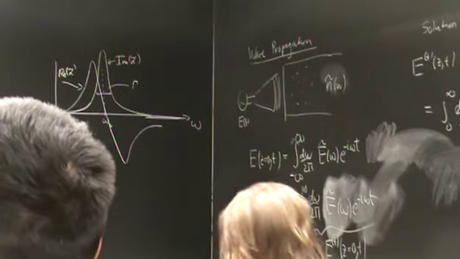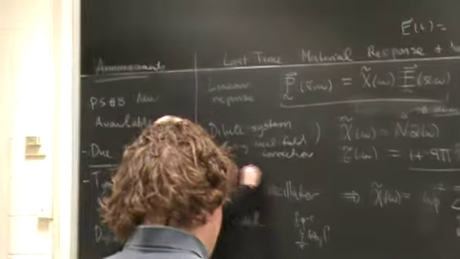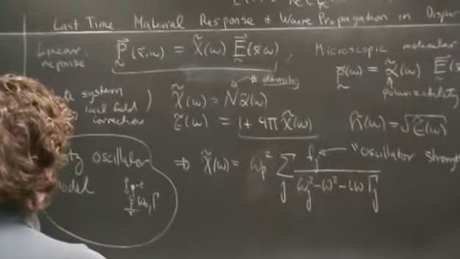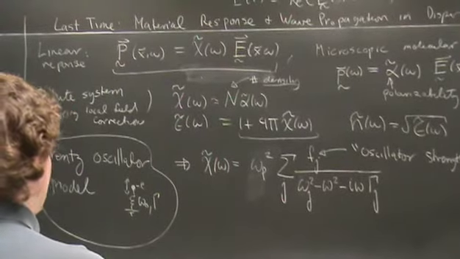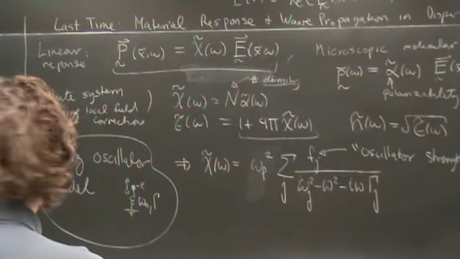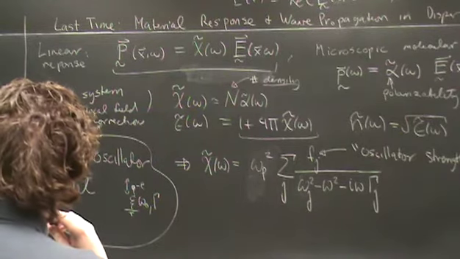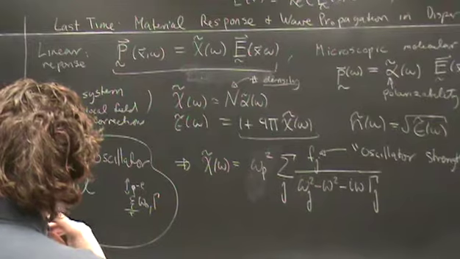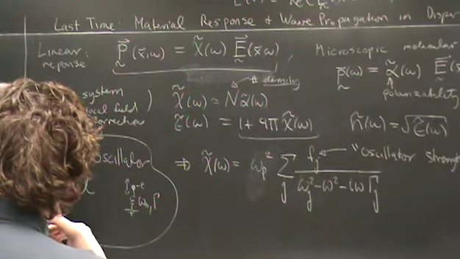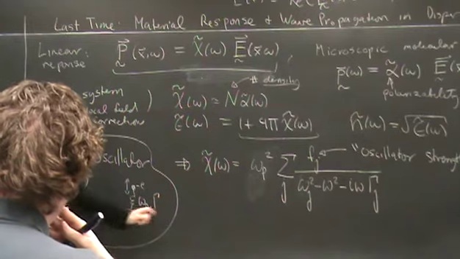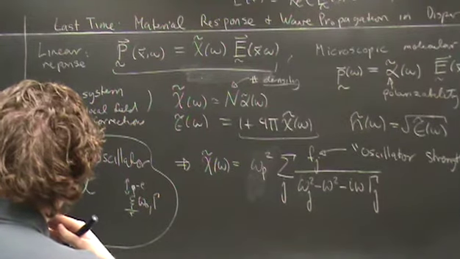Okay, so we looked at a particular model which gets us a long way in understanding the physics, the so-called Lorentz oscillator model, in which we think about the bound charges that make up this dielectric as being harmonically bound on a spring with some natural resonance frequency omega naught and some damping rate gamma.